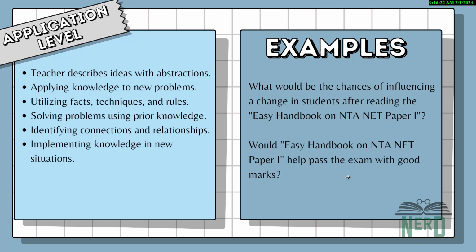You are using the book's content to solve a new problem, like improving your teaching methods or study habits. For example, you might be asked if reading this handbook could increase your chances of influencing positive changes in your students, or can this book help you or someone else pass the exam with flying colors? It's like using a recipe book not just to follow a recipe but to create your own dish.